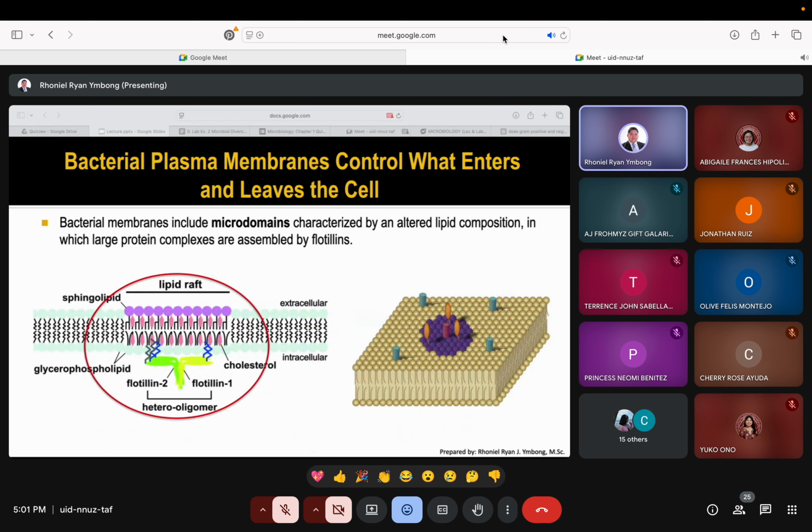Now, I know that you are quite familiar with the fluid mosaic model, which is the general depiction of our phospholipid bilayer. When you say fluid mosaic model, fluid is because of the presence of the phospholipid bilayer, which gives your plasma membrane its fluidic nature because of the hydrophilic and hydrophobic parts of your phospholipid.